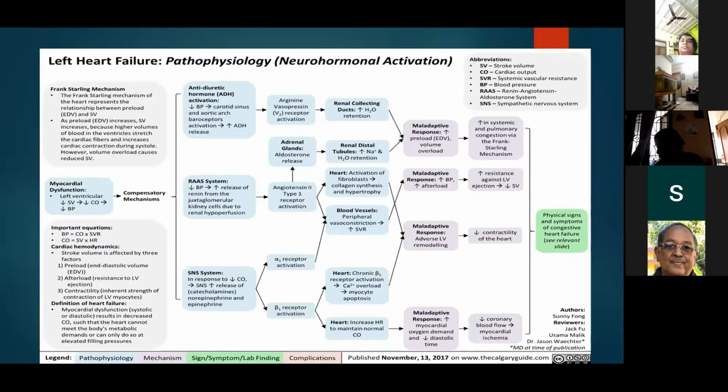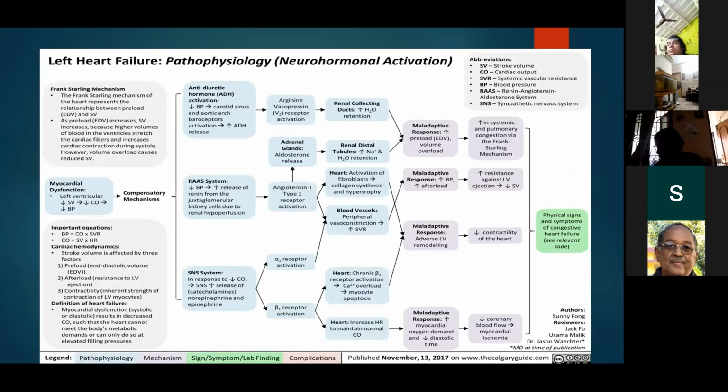and if you look at the maladaptive responses in this section, the lavender colored area, you can see that there is increased preload, so that there is increased stroke volume. So there is more blood into the systemic and pulmonary area. And when the maladaptive system sets in, when there is overwhelming of the system, you have congestion of this area, because there is more and more blood pumped into it because of the Frank-Starling mechanism.